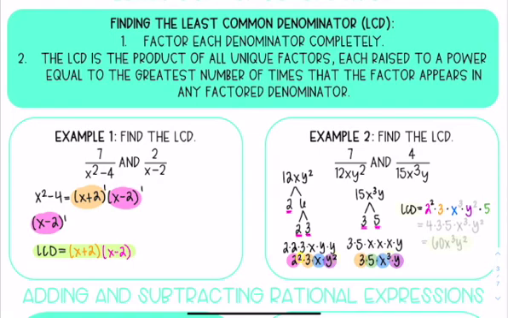When talking about x, we have an x to the first and we have an x cubed. So that means we need to take the x and raise it to the third power. For y, we have a y to the first and a y squared. So we need to bring a square to the y.